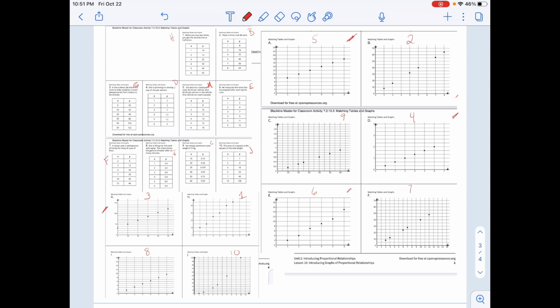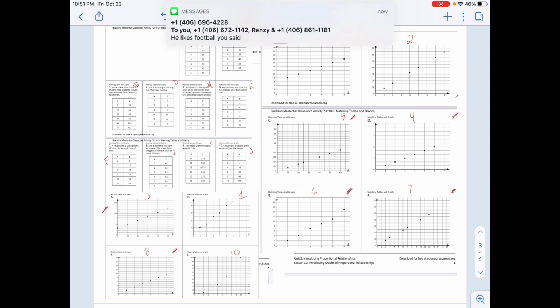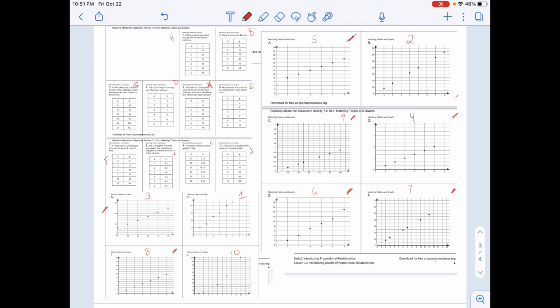6 to E. 7 to F. 8 to I. 9 to C. And then 10 to J. Okay, and so how I look to compare these is simply just look at the points.